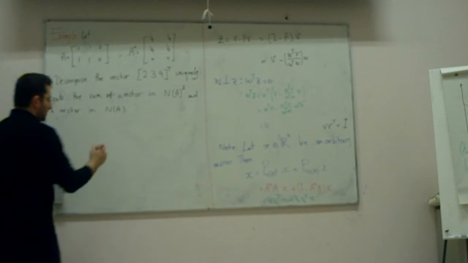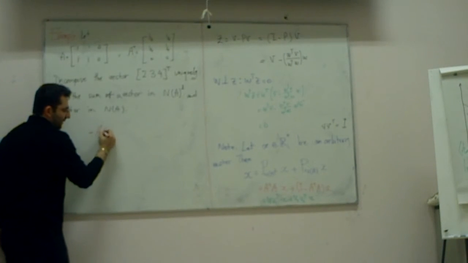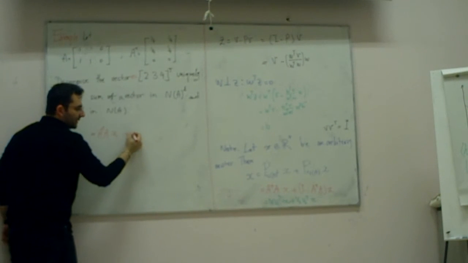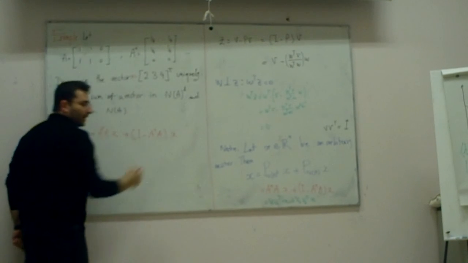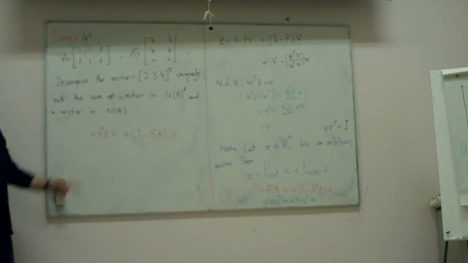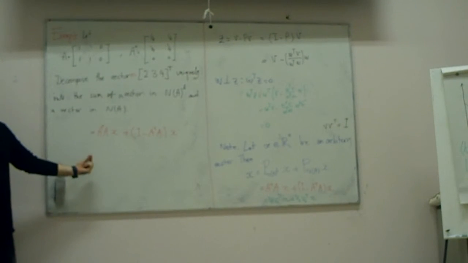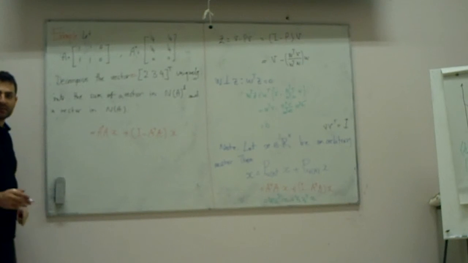The solution, isn't it this? A plus A multiplied by my x, this is my x, plus I minus A plus A multiplied by x. What is A? Just put it there, multiply them, and we multiply by x.